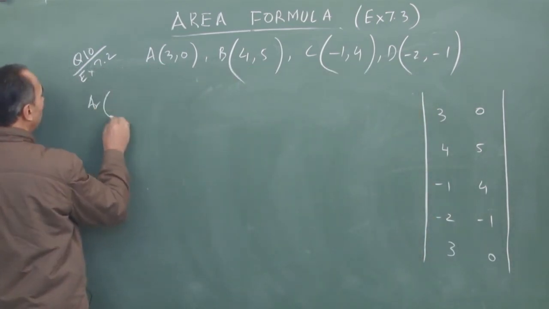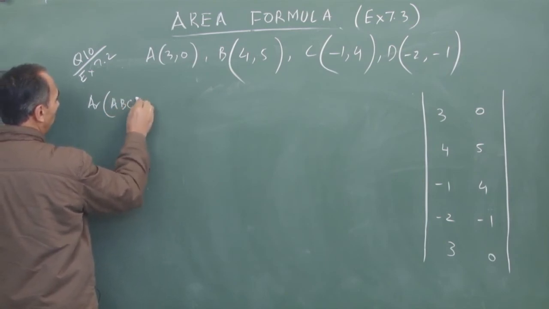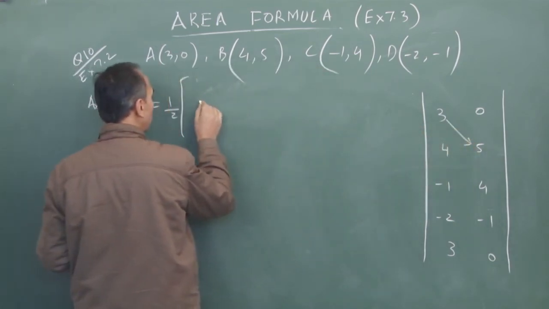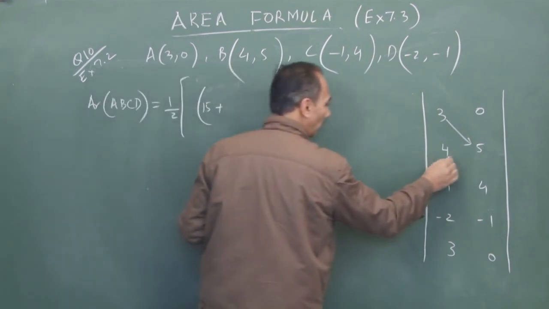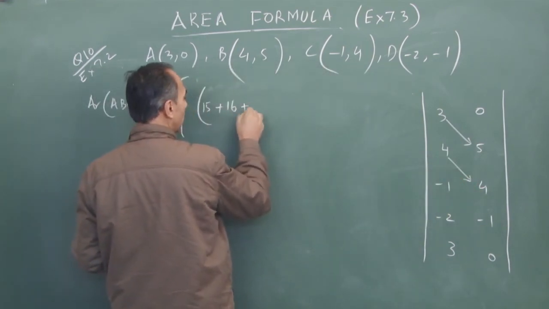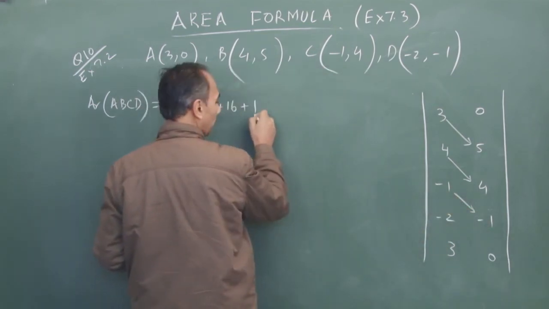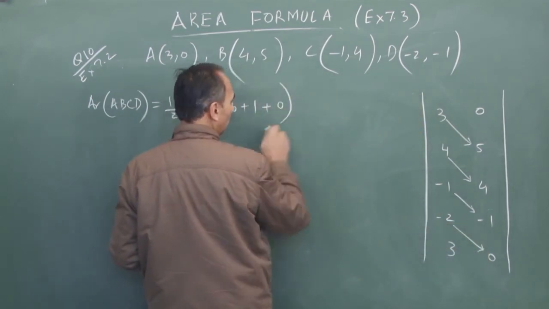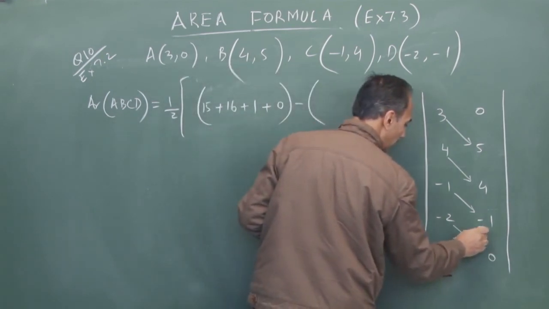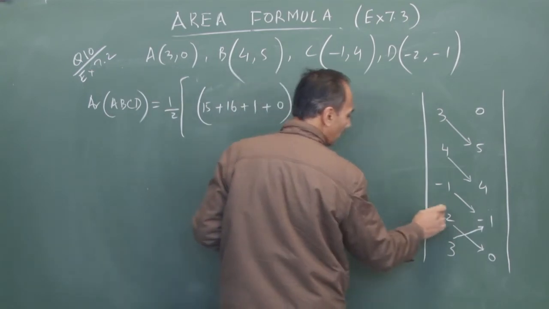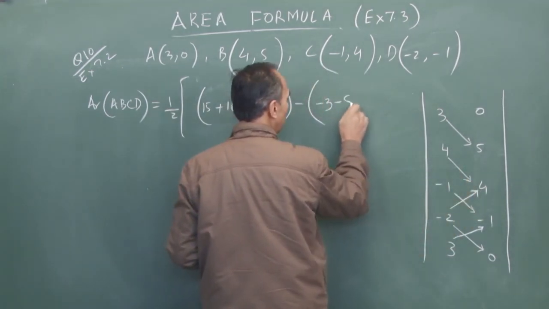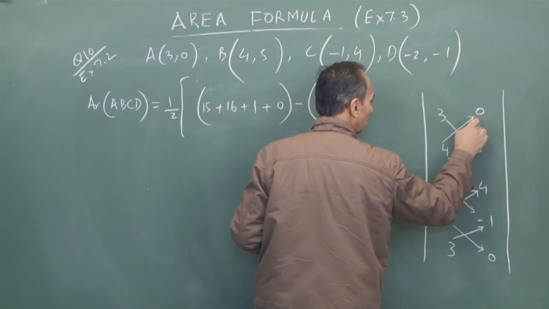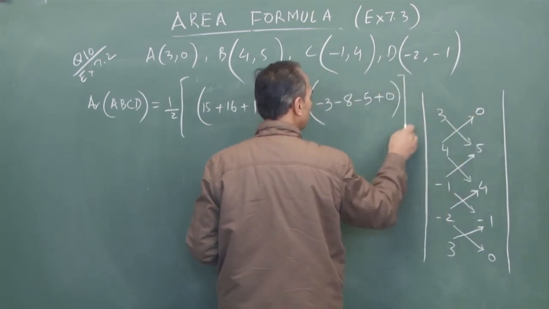So area of ABCD, it's a rhombus, same formula: 1/2 of 3 into 5, that's 15, plus 4 into 4, that's 16, plus -1 into -1, that's 1, plus -2 into 0, that's simply 0, bracket closes, minus 3 into -1, that's -3, -2 into 4, that's -8, -1 into 5, that's -5, 4 into 0, that's 0.